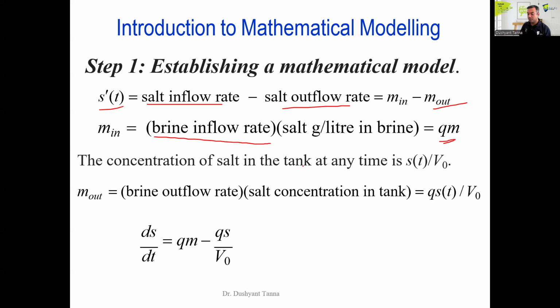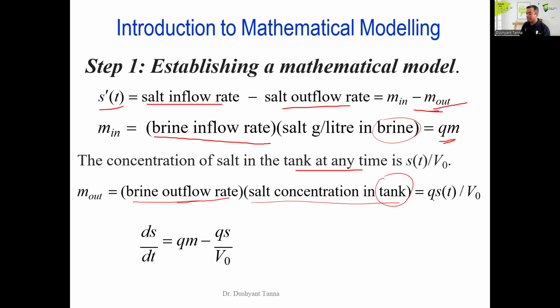The concentration of salt in the tank at any time is given by S by V0, right? That's the concentration. Okay, so what about the out part? We talked about the in part. For the brine outflow, similar to what we did here, it is the salt concentration in the tank. Incoming, we are talking about the incoming mixture. For outgoing, whatever is in the tank goes out.